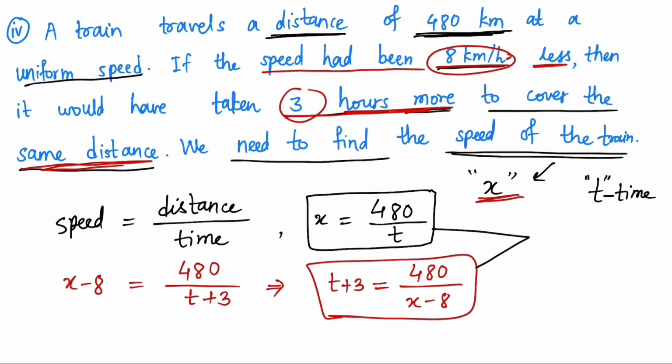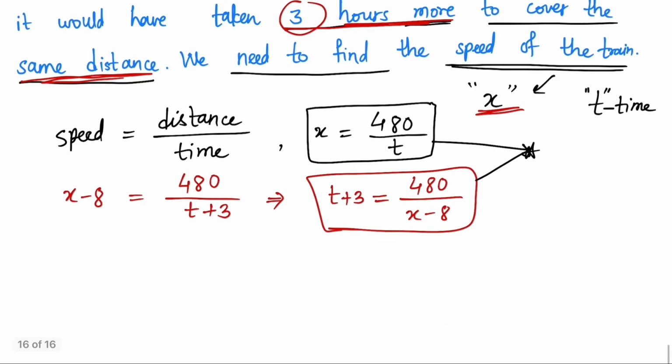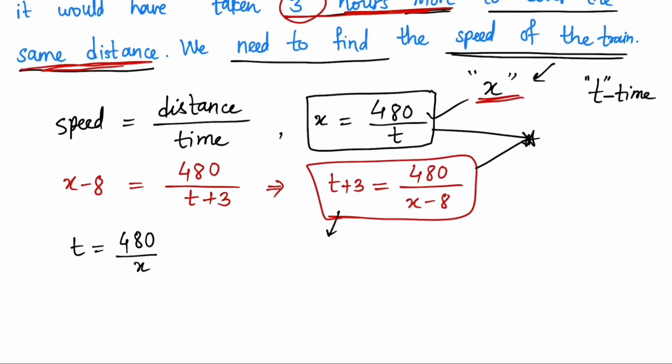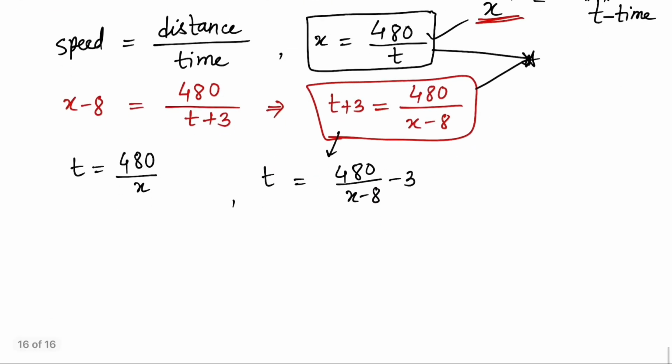So we have these two equations. So from here we can write t is equal to 480 divided by x, right? And from here we can write t is equal to 480 divided by x minus 8, minus 3, right? Now on the LHS we have t, so the RHS must be the same.